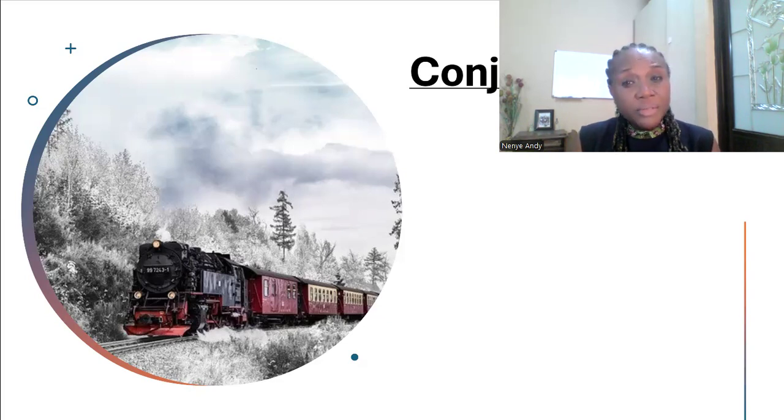Examples of these are the three words we're talking about today: and, but, or however. These three words and many others like them help us to link our words together, our sentences, so that they make sense.